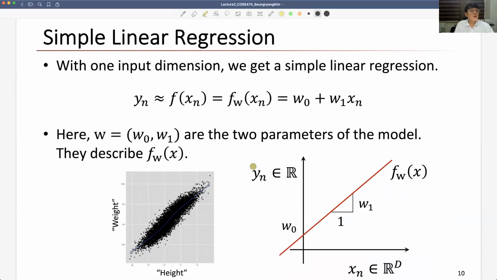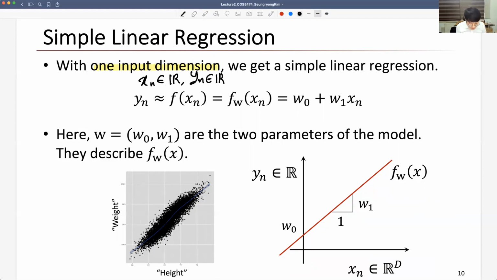Okay, so let's think about the simple linear regression problem. Let's assume that there is only one input dimension. One input dimension means xn is in the scalar space, and yn is also in the scalar space.